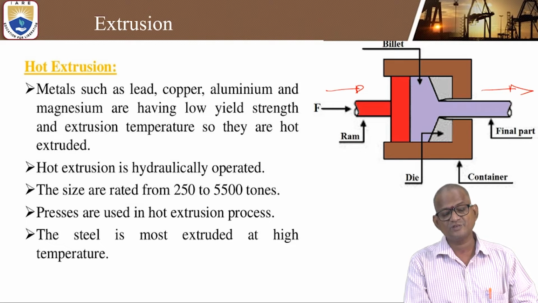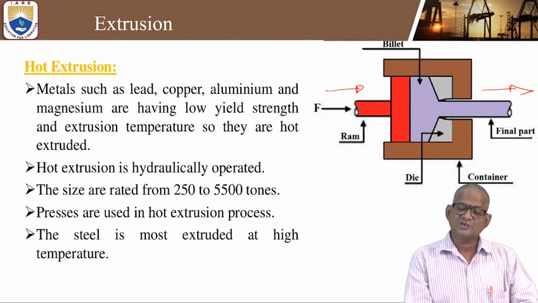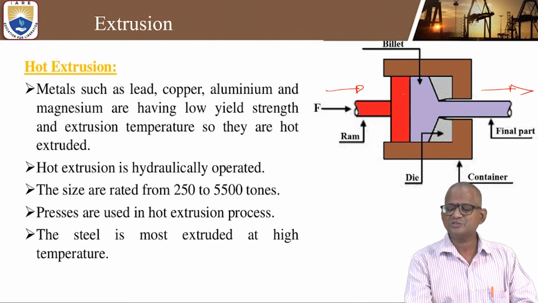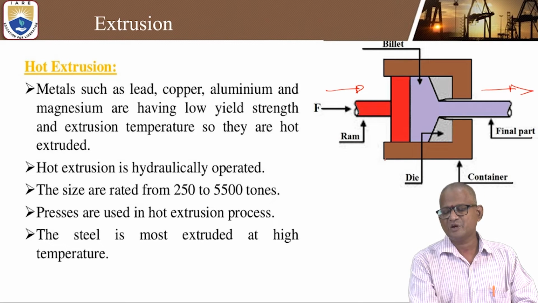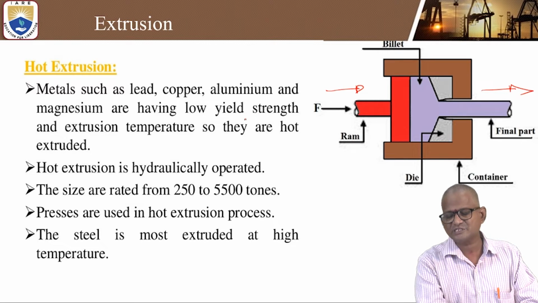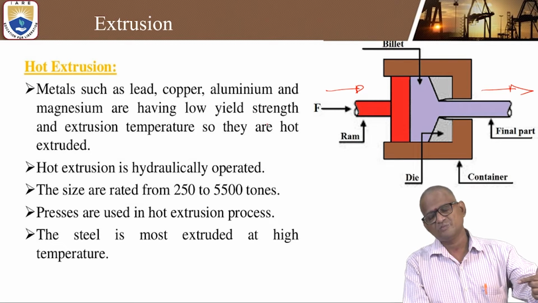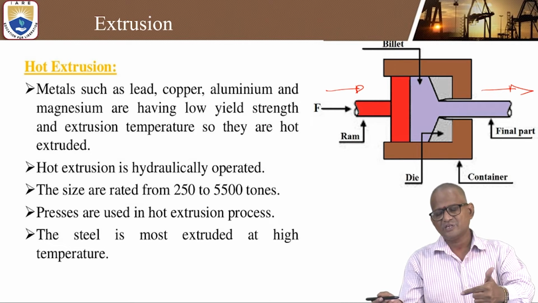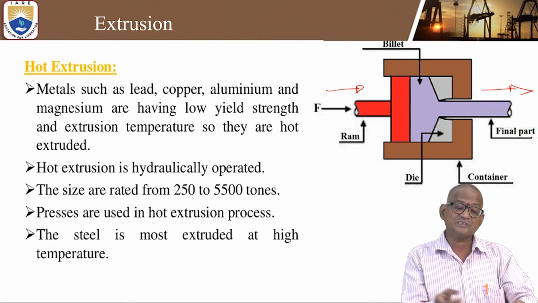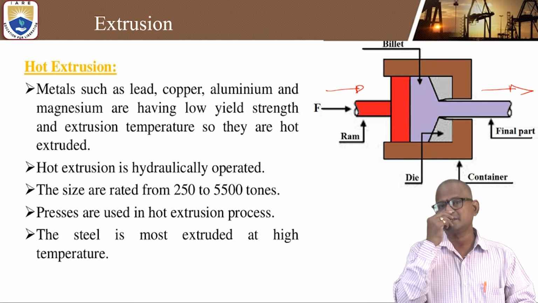But in the case of indirect extrusion, the other side will be closed. There will be a closed die, and when you apply pressure, the material comes out in the opposite direction. Whatever material is applied inside, the material comes out in the opposite direction. That is why it is called indirect extrusion.